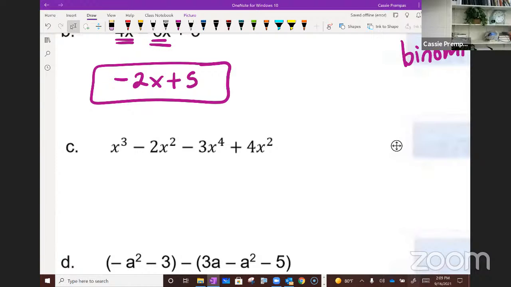Oh, like where? Is that a question? Even if it's negative three x to the fourth, that's still even. But how would that go in order? So you would do negative three x to the fourth.